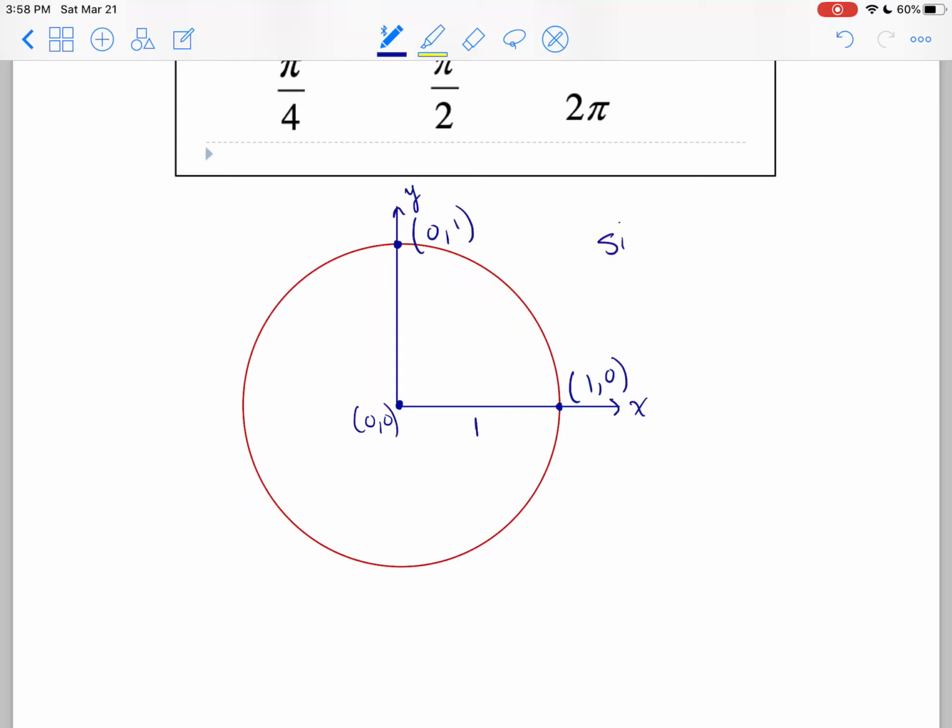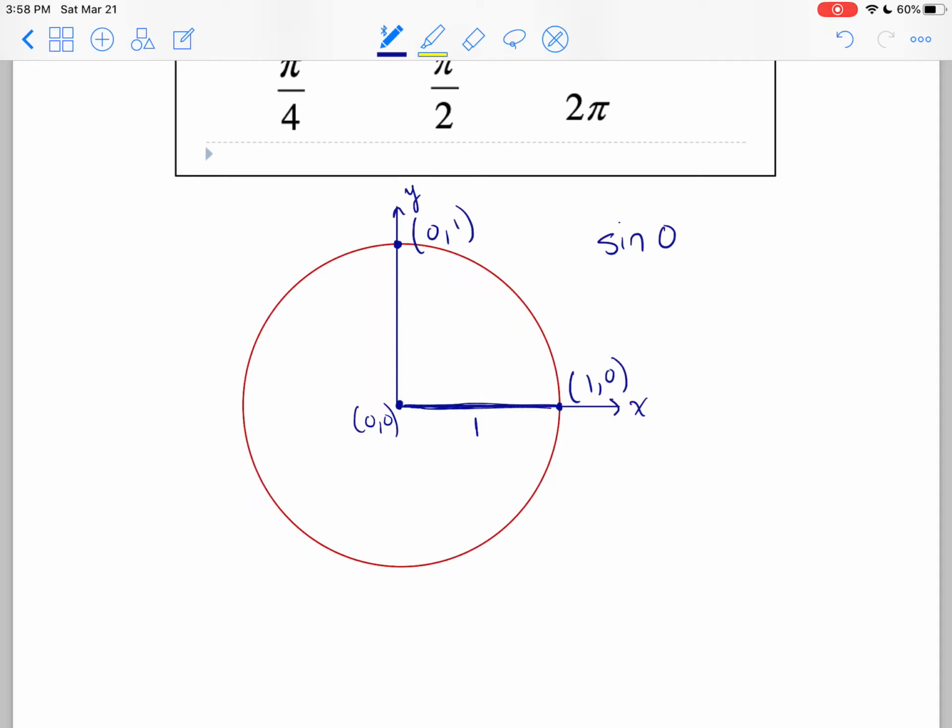And so if we have sine of 0, remember that sine represents the y-coordinate around the outside of this circle. It should be a point that's on the red part of the circle, where we have no angle at all.